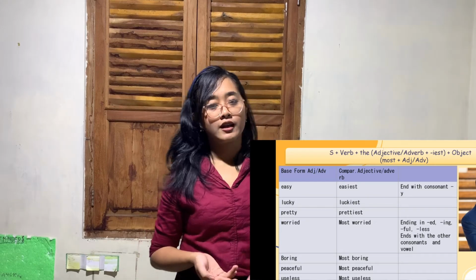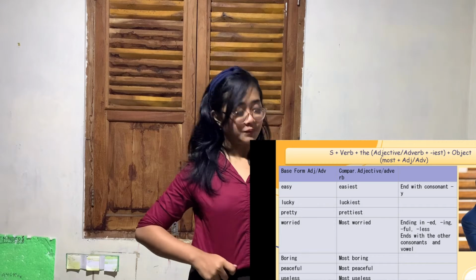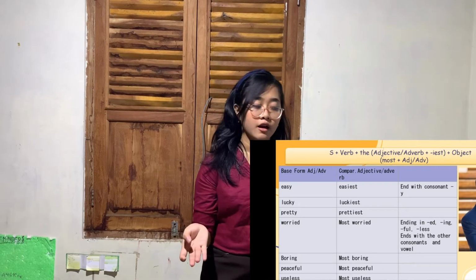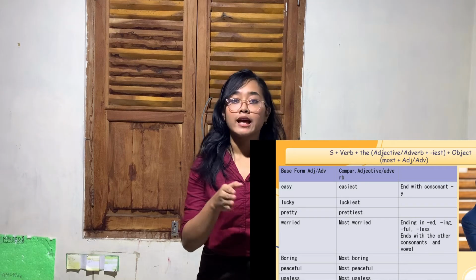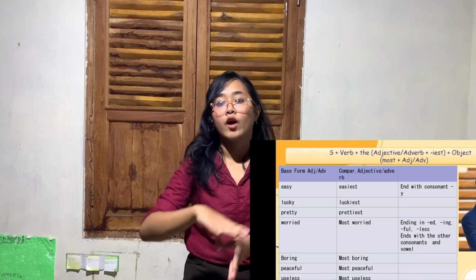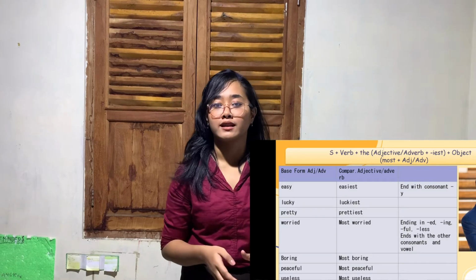We can take a look at the structure in the table below. For an adjective that ends with consonant plus y, we put iest after the adjective and remove the y. For example, easy becomes easiest, without the y. Lucky becomes luckiest. Pretty becomes prettiest.